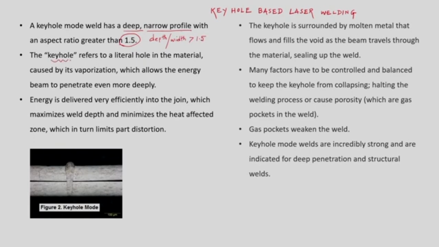A keyhole is literally a hole generated by the vaporization process, and it allows the energy beam to penetrate even more deeply. So consider we have a thick sheet and there is another thick sheet which we need to join by using a butt joint. So this thickness is quite high.